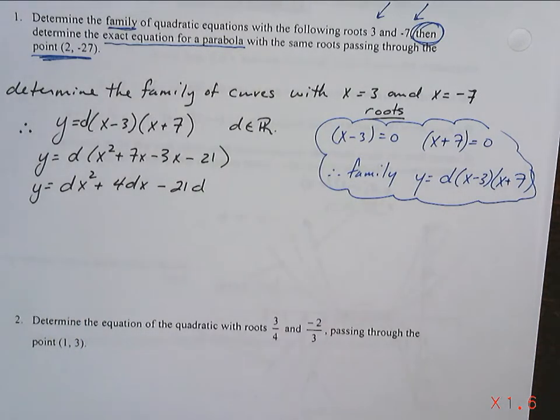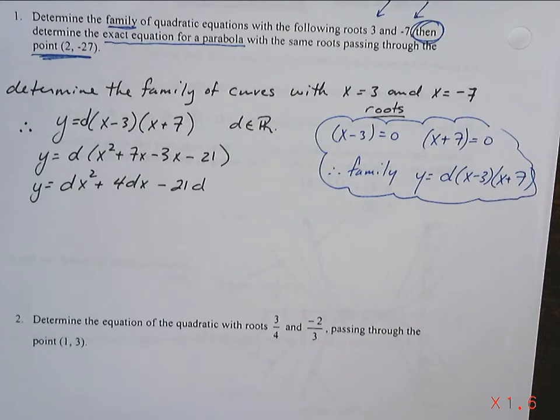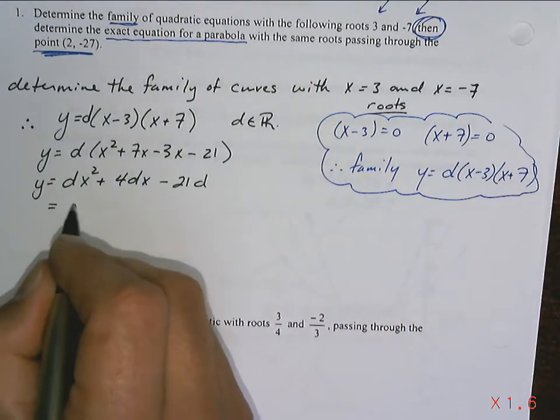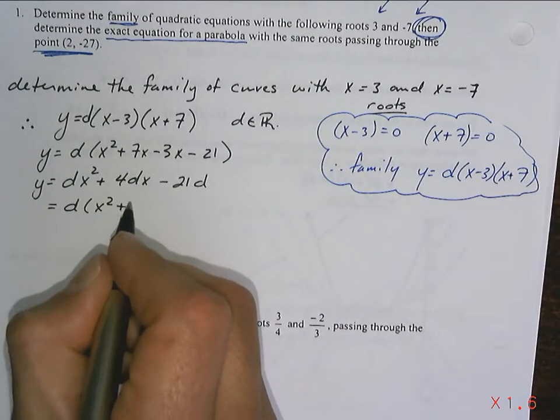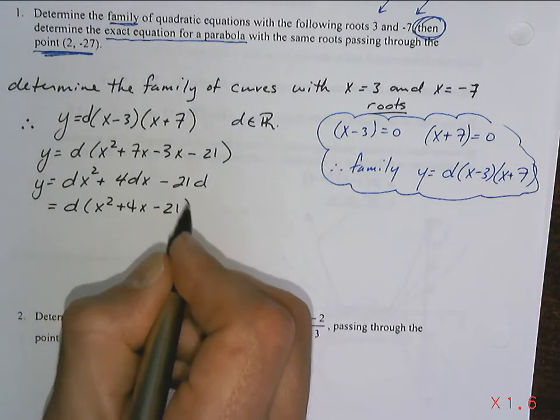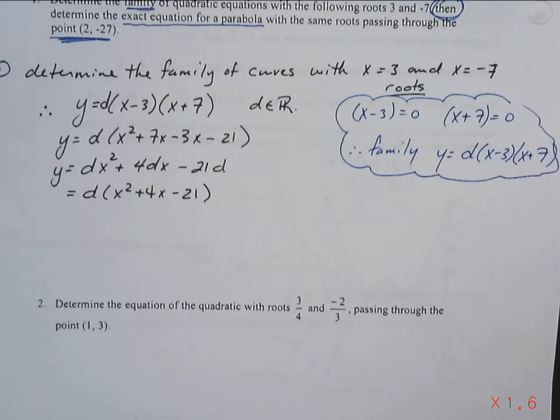But that looks pretty weird, doesn't it? All those D's in there. So we would actually leave it like this. And that's the family. That's it. If I put in a 1, I'll get a particular, no, so let's take a look.